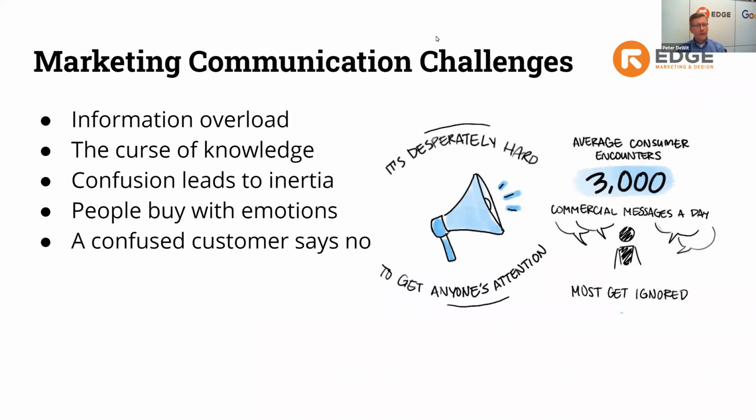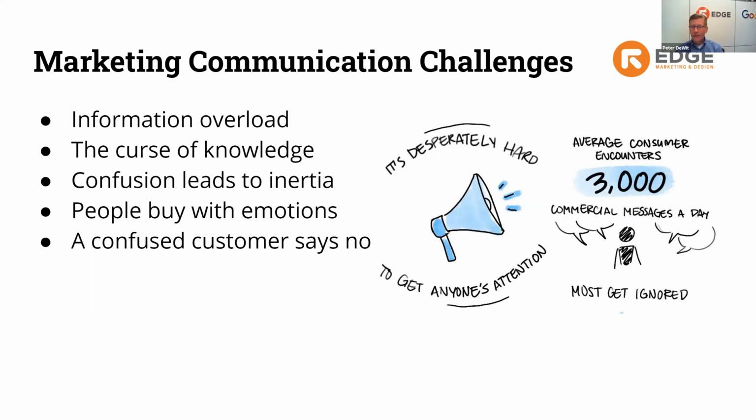So what are some of the marketing communication challenges that a lot of our clients, and maybe including yourself, run into? Well, one of the biggest challenges in marketing these days is the information overload that a lot of people are experiencing. On average, everybody receives over 3,000 commercial messages a day, which seems excessive, but that's probably not too far off.